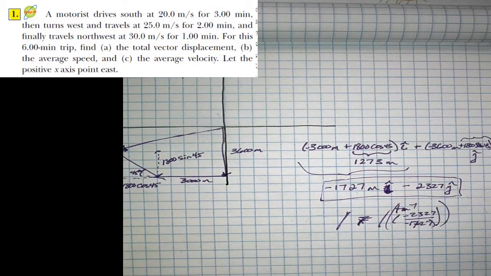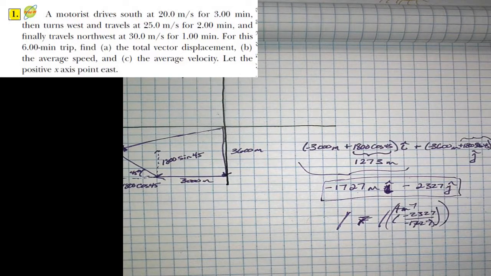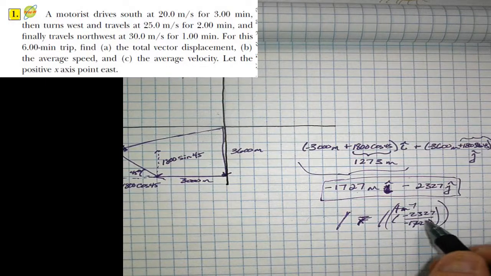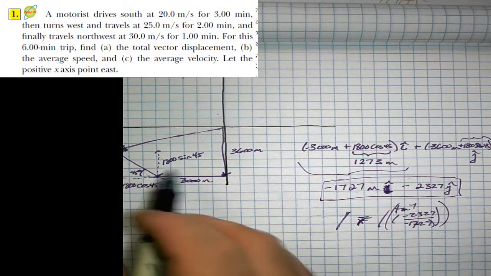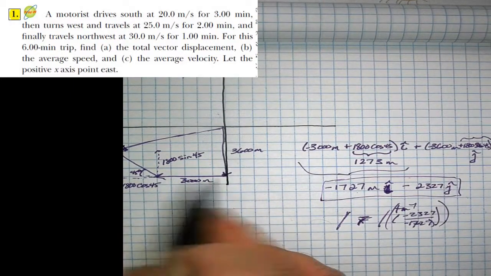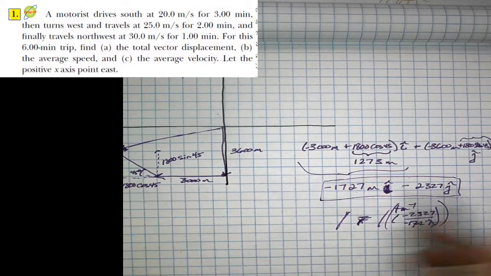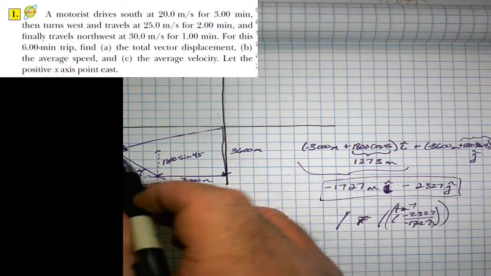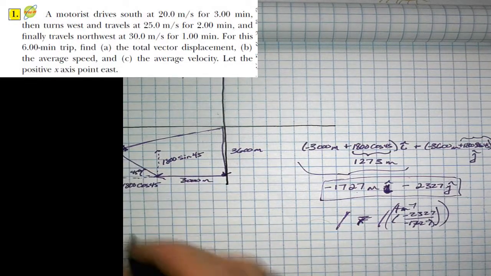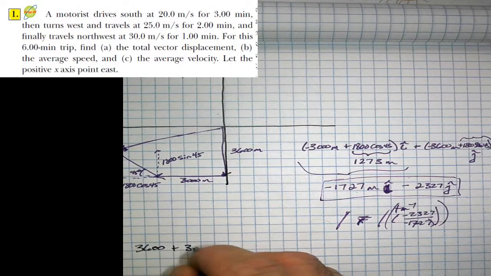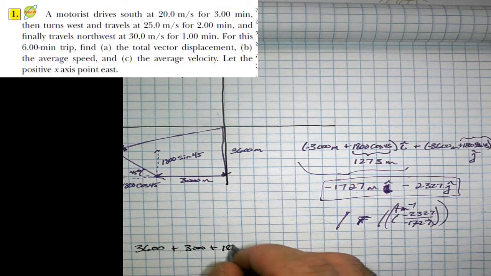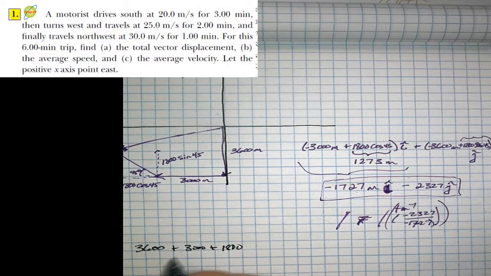Okay, B. We're looking for the average speed. The average speed is the total distance traveled divided by the time. So that's going to be our 3600 plus 3000 plus 1800, which gives us 8400.